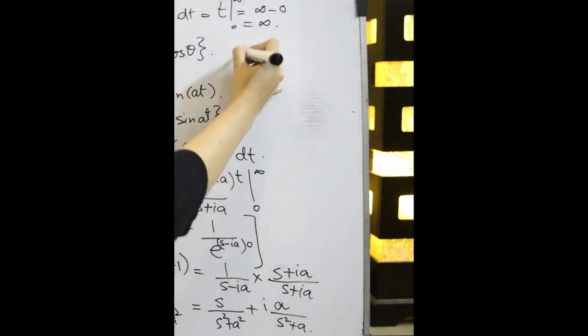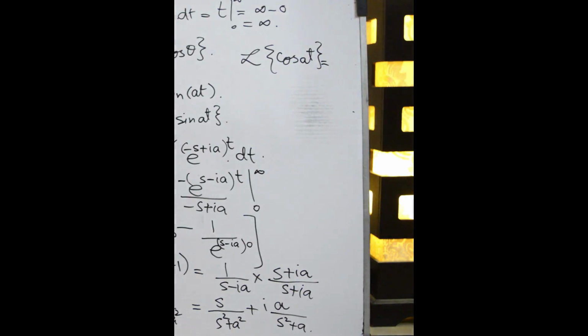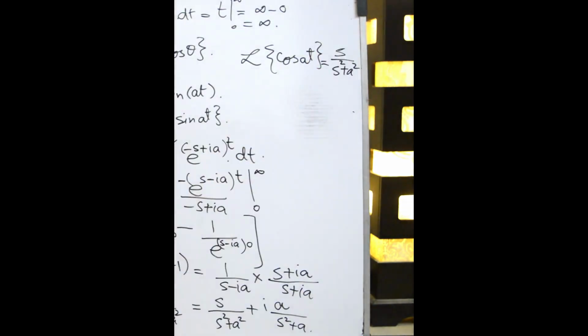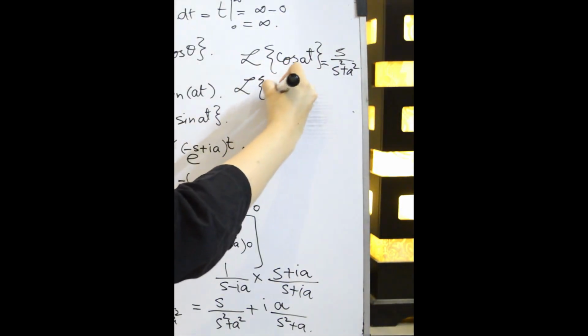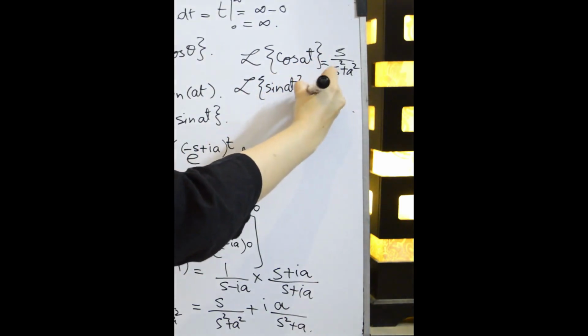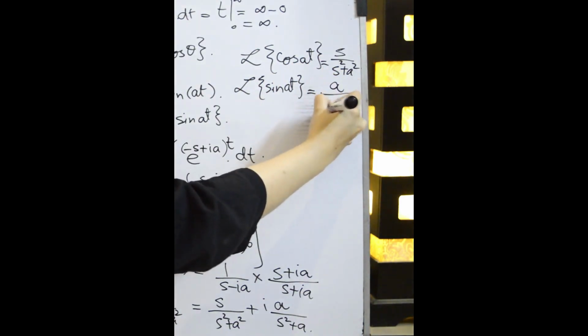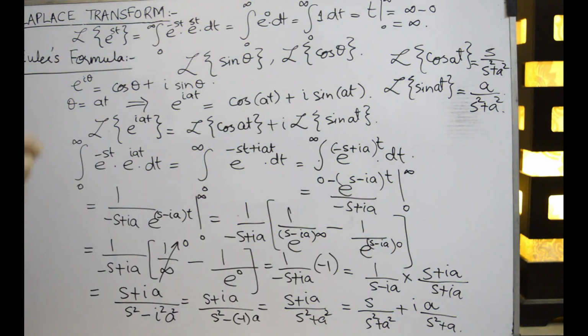So you can write that the Laplace transform of cos of at is equal to s divided by s square plus a square, and the Laplace transform of sine of at is a divided by s square plus a square. Don't write iota with that, because iota is the imaginary part marker, and so these are the Laplace transforms of cos of at and sine of at.